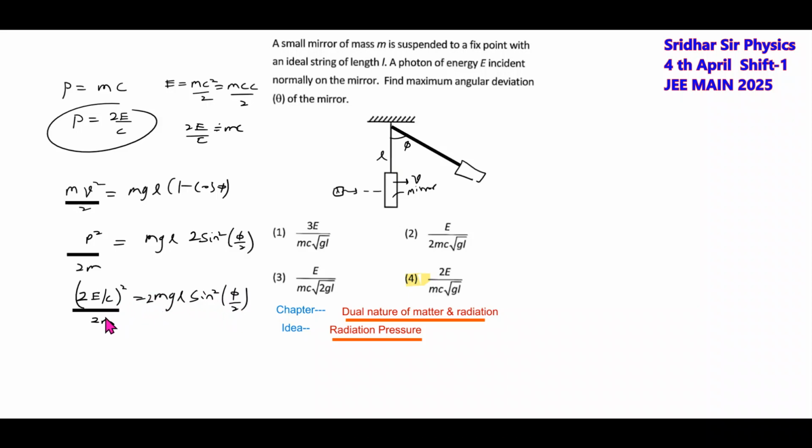Okay, everything will become here 4. Okay, this will cancel out. E square by m square c square will be gl. Theta will be very small, so we can write it as phi square by 2 only.